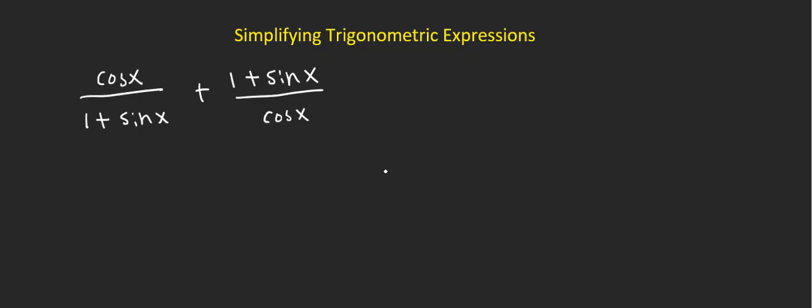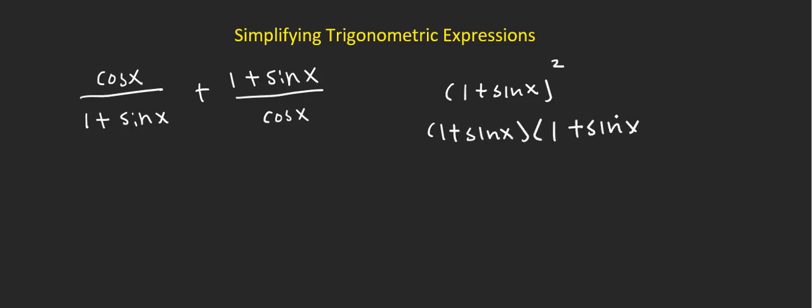Before we simplify this expression, let's do a simple problem. Let's say you have the quantity 1 plus sine x, squared. How do you simplify that, or multiply that out? Well, you have to do FOIL.